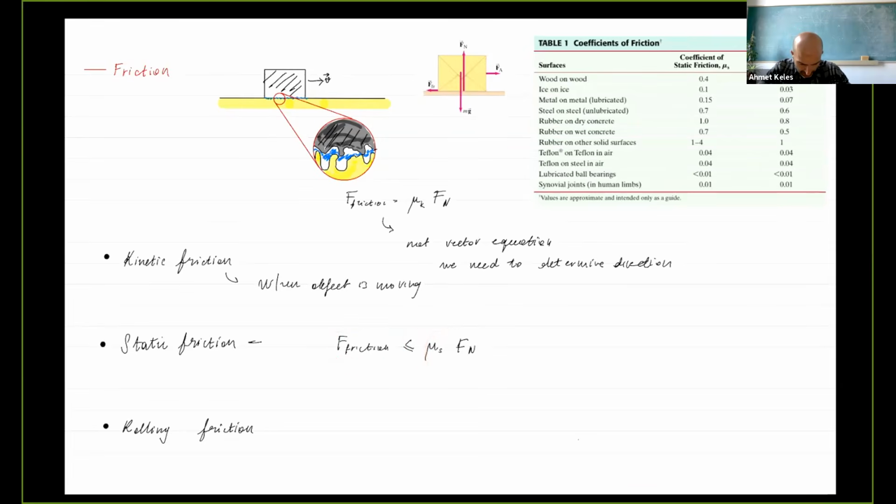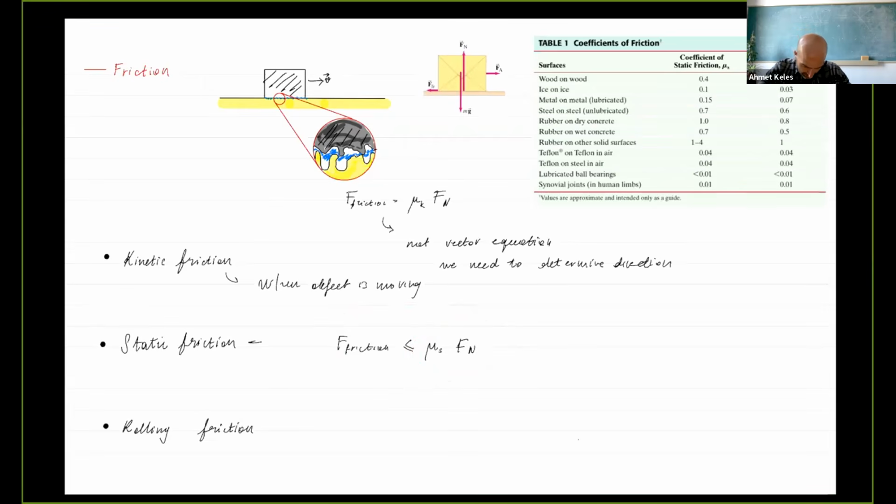And we understand this because as you apply a force on an object, initially it doesn't move. And since the net force should be zero, up until this critical value, the friction force is equal to the net force applied. But when you reach this final value, you know it's going to move. And that's why we are showing it with this less than or equal to sign.